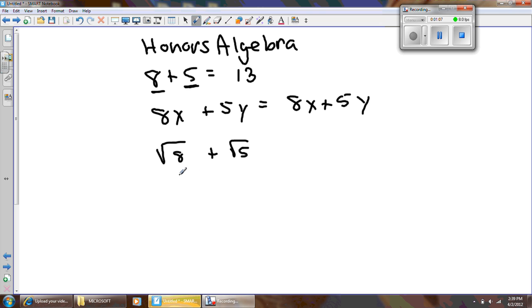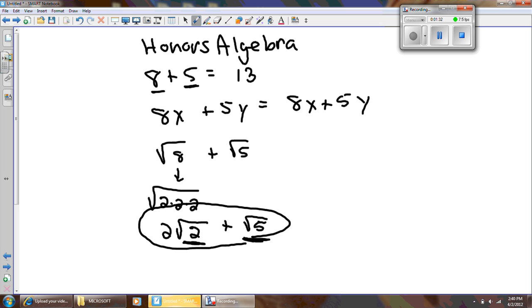If you take rad 8, you can break it down into the rad of 2 times 2 times 2, or more simply said, 2 rad 2, plus the rad 5, because rad 5 can't be broken down. Now you can look and say, well, I've got 2 rad 2s here, and I've got 1 rad 5 here, so no, I can't put those together anymore.